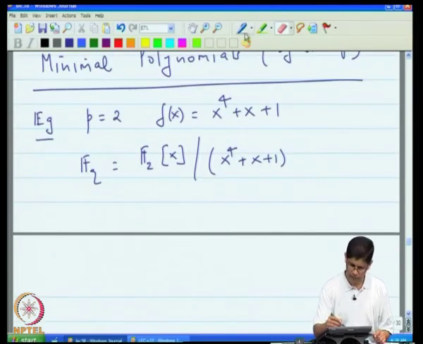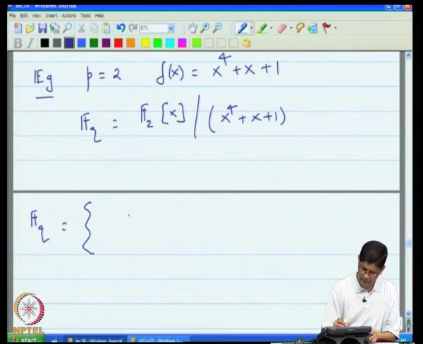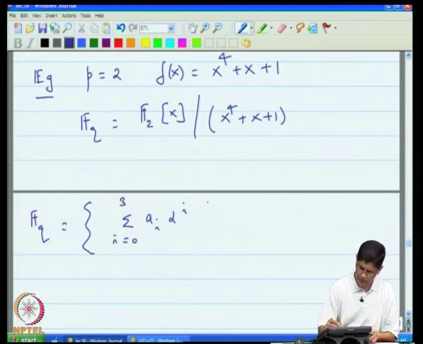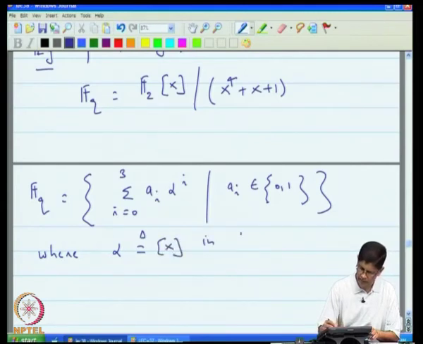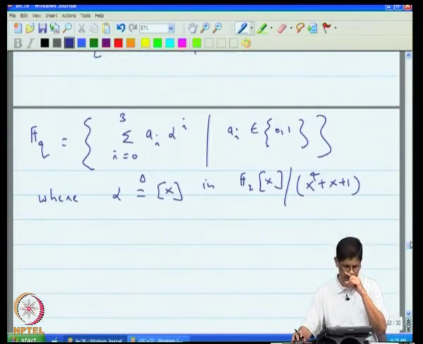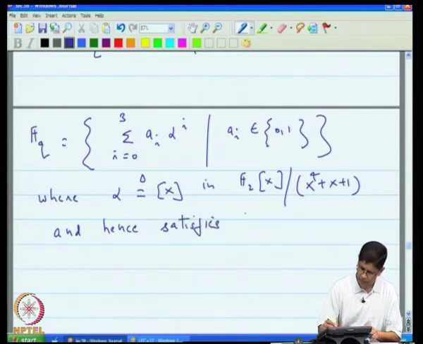We know that an alternative way of looking at it is that Fq is precisely the set of all polynomials the sum of a_i alpha^i, i equal to 0 to 3, where the a_i are either 0 or 1, where alpha is by definition the equivalence class of x in F2[x] mod x^4 plus x plus 1, and hence satisfies alpha^4 plus alpha plus 1 equal to 0.